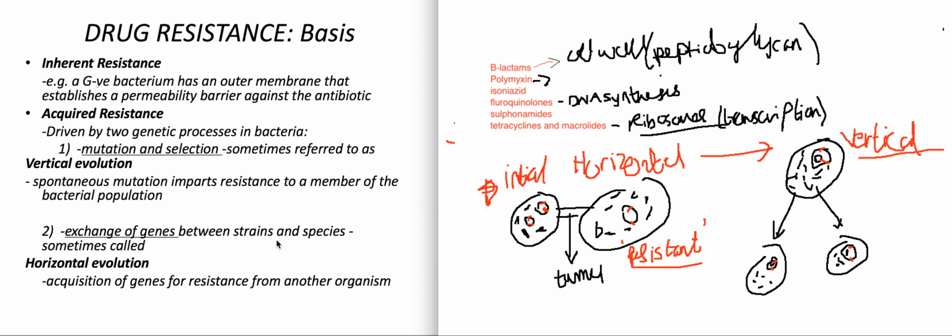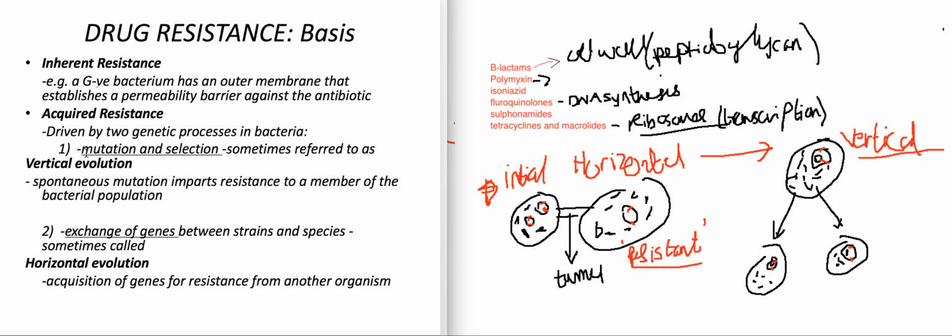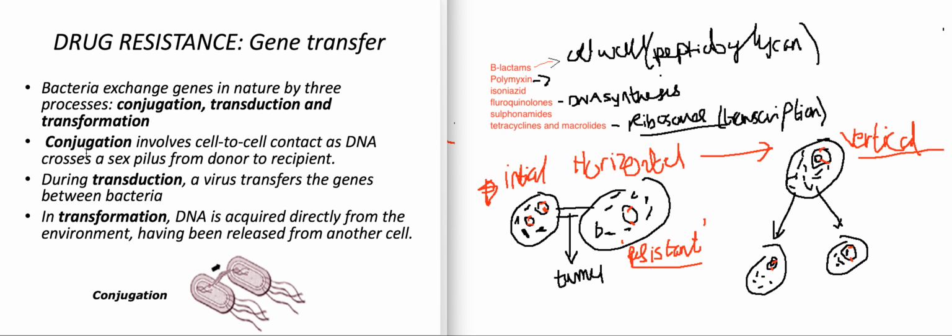Now, let's move on. It can be inherited resistance, such as in gram-negative bacteria, which means they will always have it, or it can be acquired once they're present in an environment via mutation and selection. Now, gene transfer.